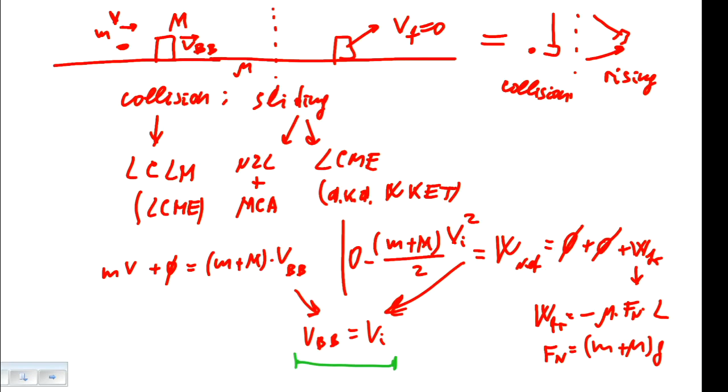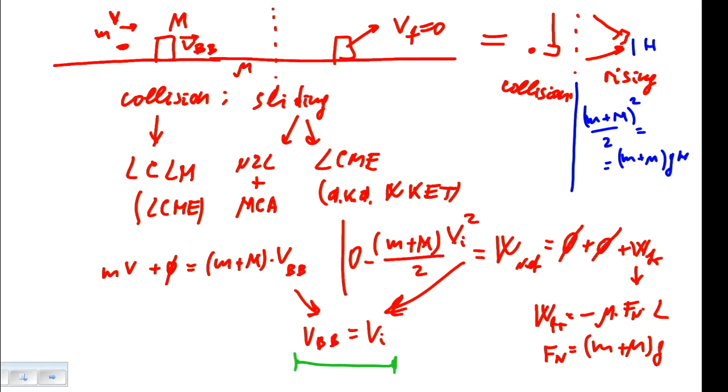When we solved a problem about rising, the first part was exactly the same as here, but since it's not sliding, since it's rising, no friction, and tension doesn't do work, the equation was (m plus m) v squared over 2 equal to (m plus m) gh.